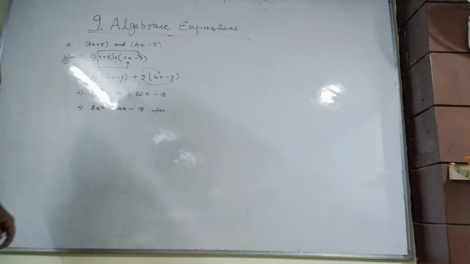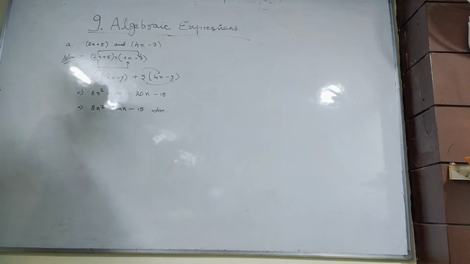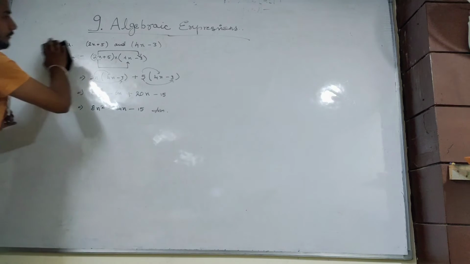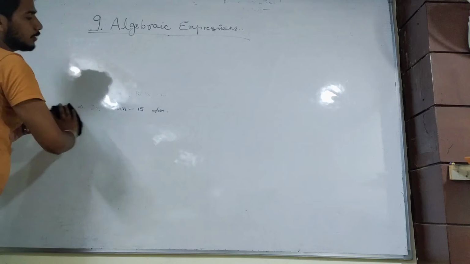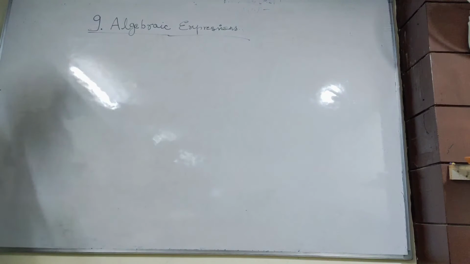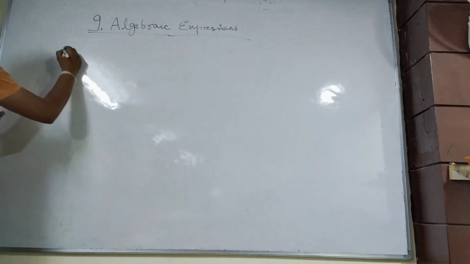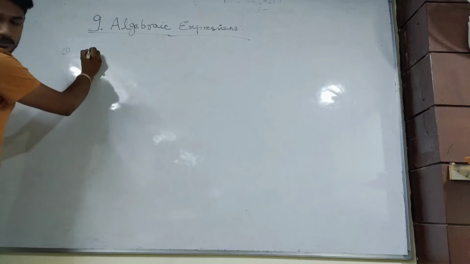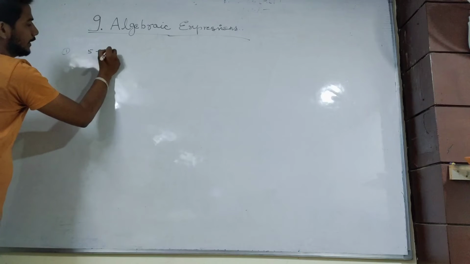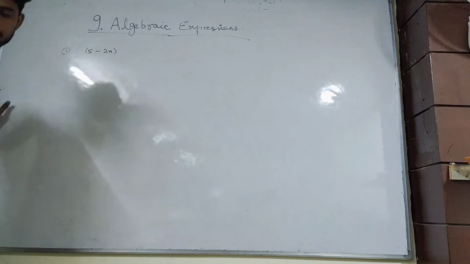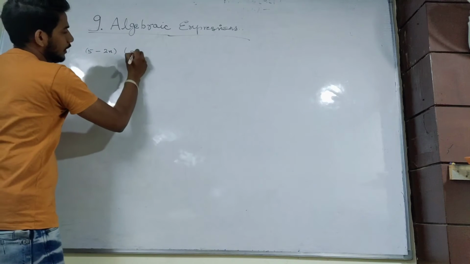This is a very simple question, and the rest of the questions you can do by yourself because they are too easy. We will come to the second question, find the product. It is the same, we just multiply the terms. The question is 5 minus 2x bracket 3 plus x.